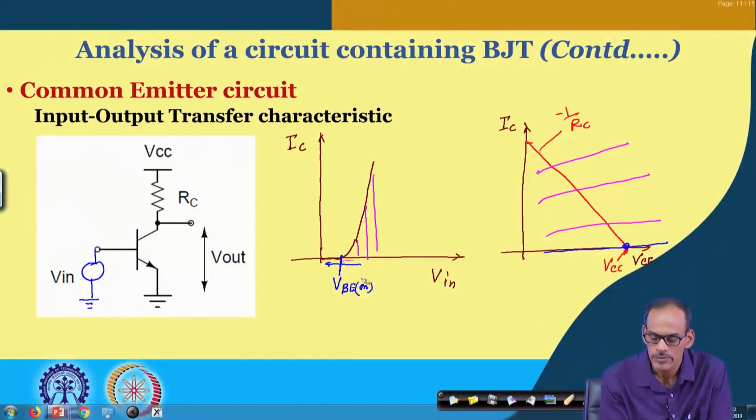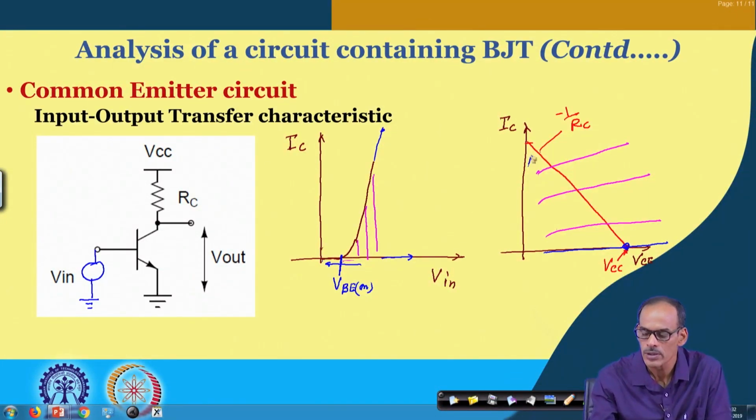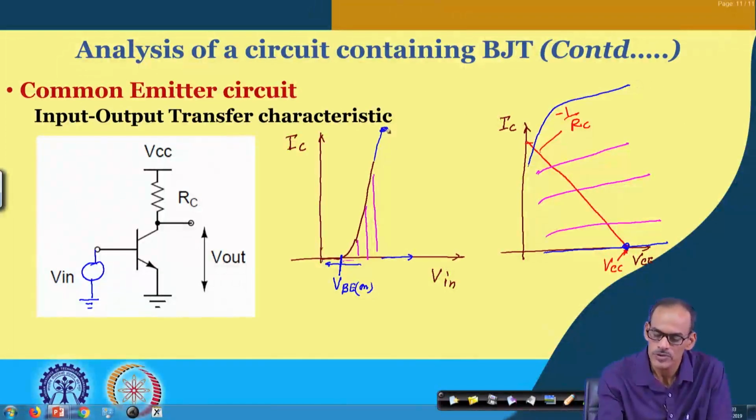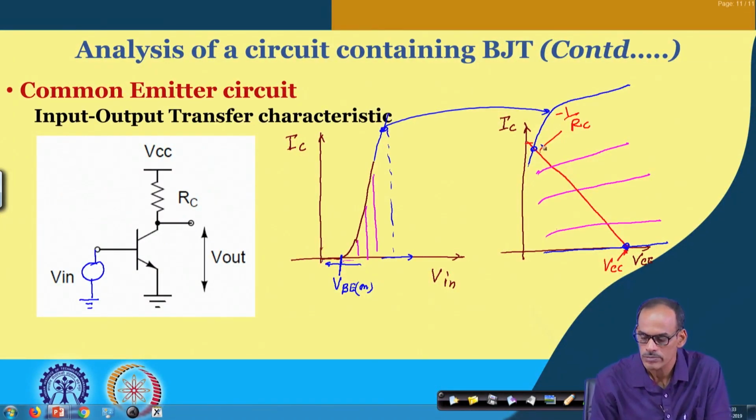If the input voltage is less than that, the output remains there. On the other hand, if the input goes beyond a certain level, the corresponding pull up characteristic may be like this, and that may make the transistor enter into the saturation region, and the corresponding output will remain almost close to 0.